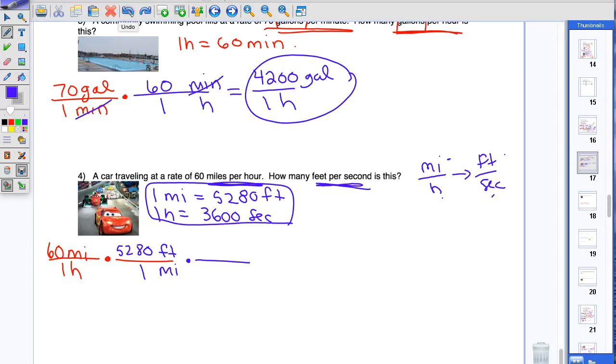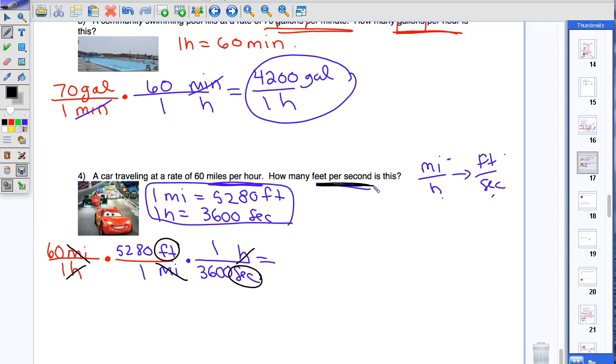So we want to cancel out our hours, so it's in the denominator, put it in the numerator, seconds in your denominator. So fill in your numbers, 1 hour is equal to 3,600 seconds. Cross cancel those units to make sure we have the proper units. Miles cancels out, hours cancels out. We end up with feet per second, which we want to end up with in the end.